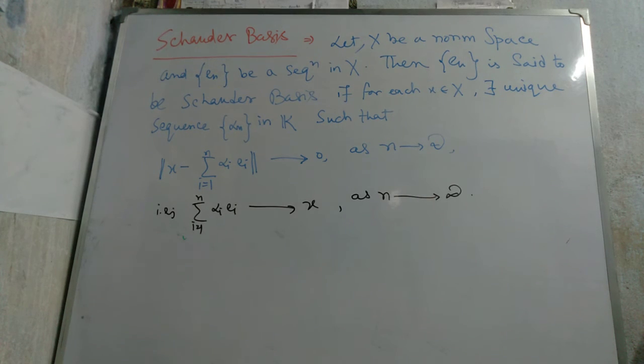That is, the summation tends to x as n tends to infinity. Okay, now the Riesz-Fischer theorem. We discuss about that theorem. We now erase this portion and go on to further discussion about that theorem.